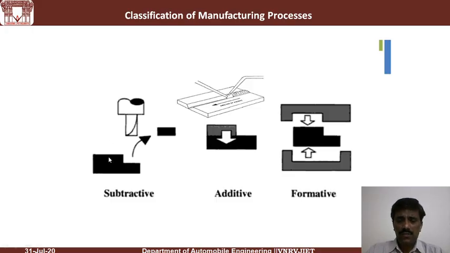That is what we call additive manufacturing. The joining process is also called additive manufacturing by some people, where we add material to the existing material to get a particular shape. And the last one is the formative manufacturing process, where we do not remove material, we do not add material, we just change the shape to get the desired shape from the raw material. So these are the various manufacturing processes.